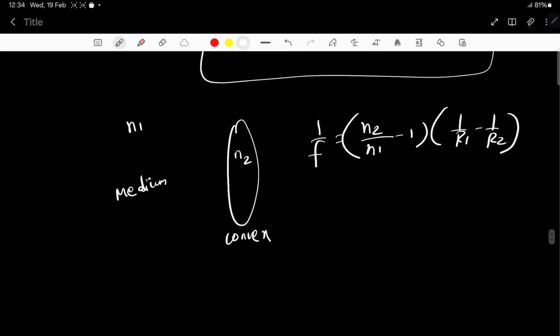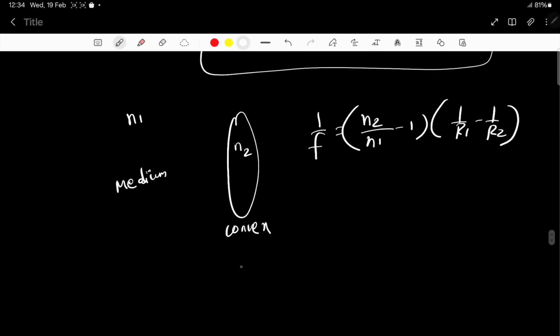From this equation itself we can understand one thing. If the material out of which the lens is made has a higher refractive index than the surrounding medium, then the convex lens is going to behave like a converging lens.